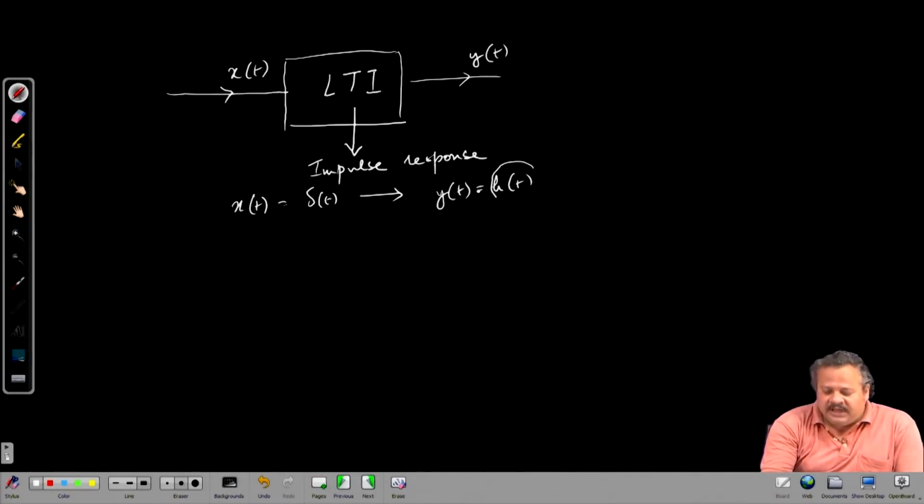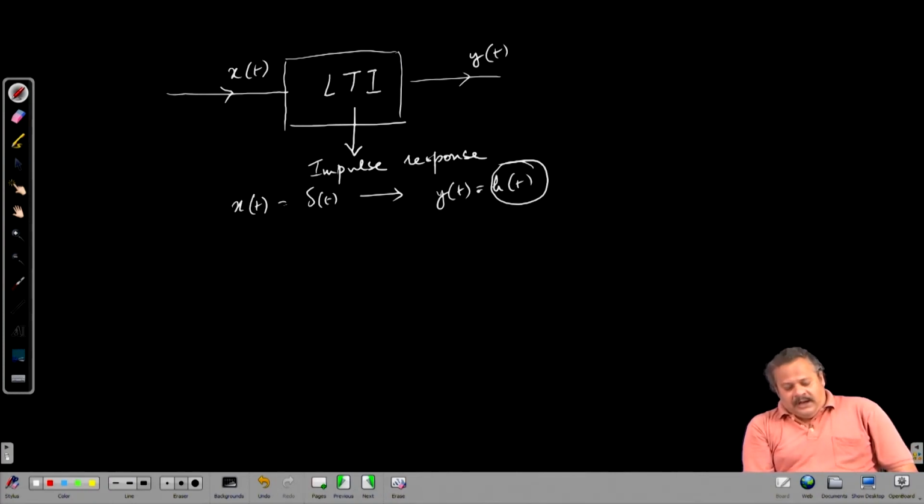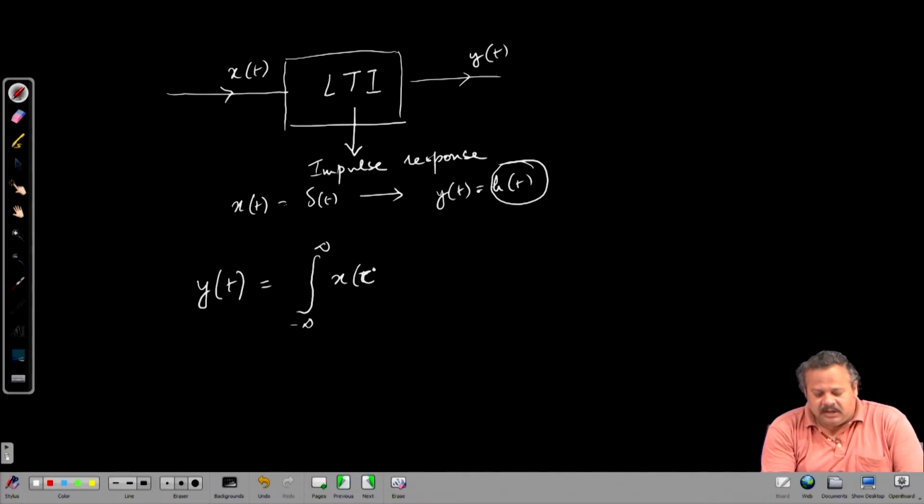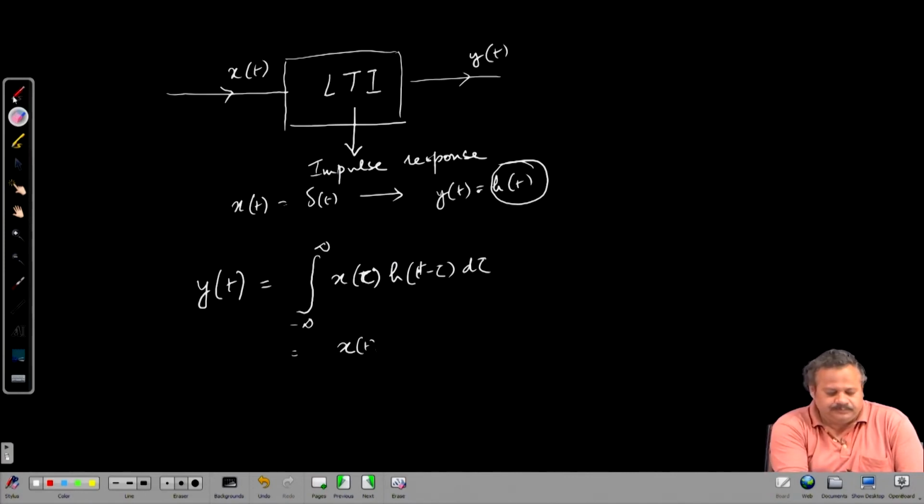If we know this ht, for an LTI we can show that for any given xt as input to the system, we can find out what the output yt is going to be, and that is the integral from minus infinity to infinity of x(tau) h(t minus tau) d tau. This is also called the convolution of xt and ht.